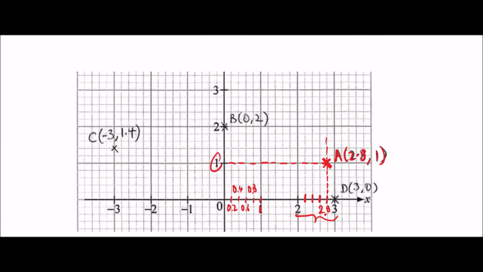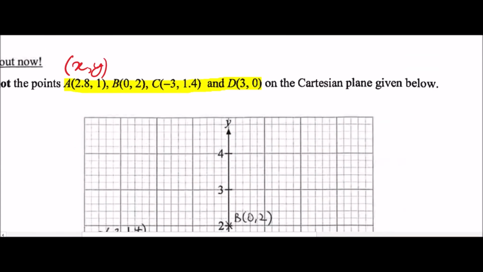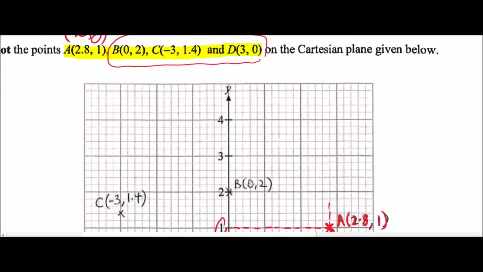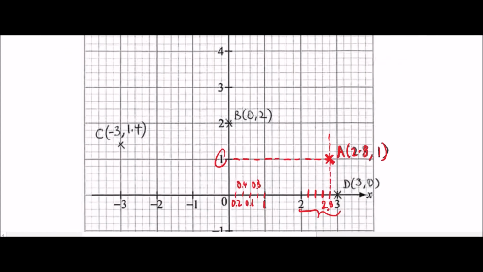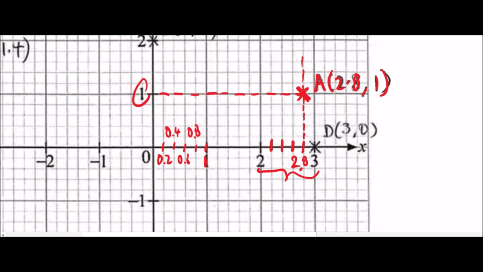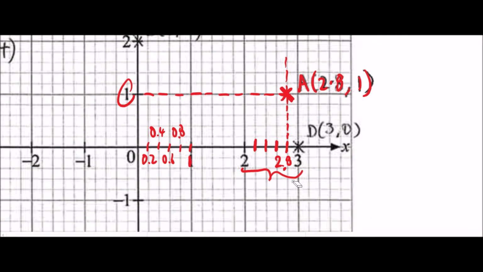You're going to do this for the rest of the points. For instance here, let's look at D. I'm going to show you another example. D has coordinates 3 and 0. That means the x coordinate is 3, so I'm going to look for 3 over here. Let me erase this a bit. I'm looking at the coordinate 3, which is exactly here.